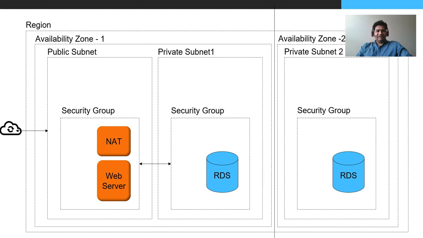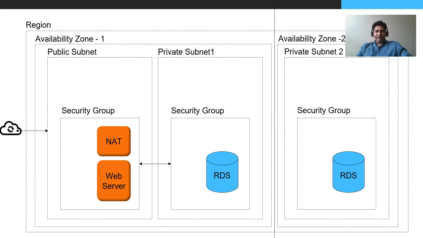In the public subnet, we are going to have our web server because again, it is supposed to be communicating with the internet. So it's going to sit in the public subnet. In the private subnet, we are going to have our RDS or relational database. We're going to use MySQL for that.